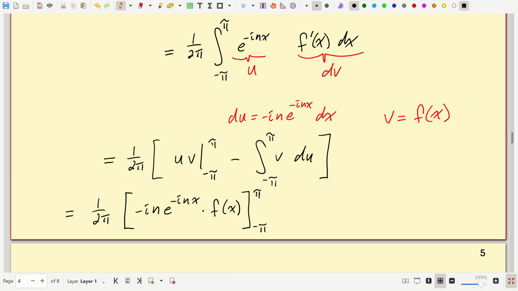Then I would have minus the integral of v du. I keep my 1 over 2 pi, integral from minus pi to pi. V is f of x. What did I say? That was stupid. U is e to the minus i n x.